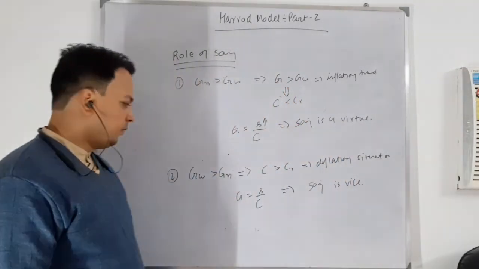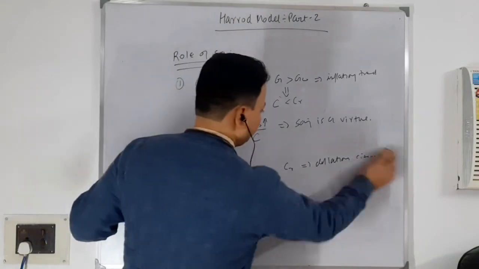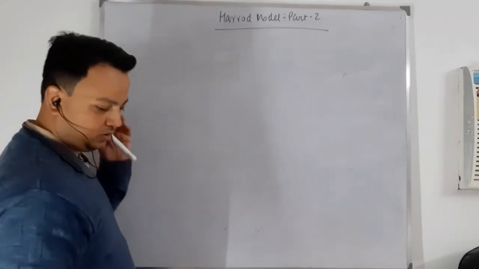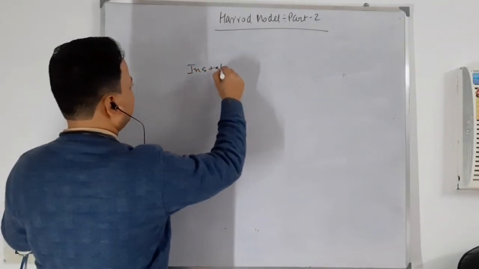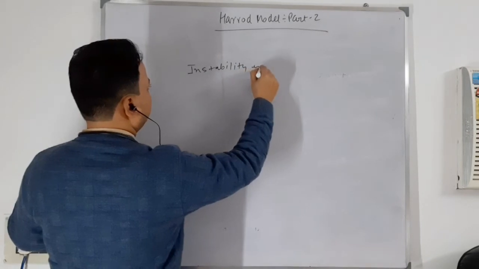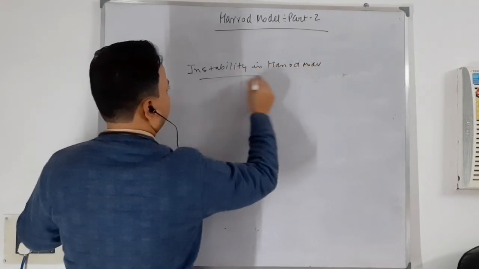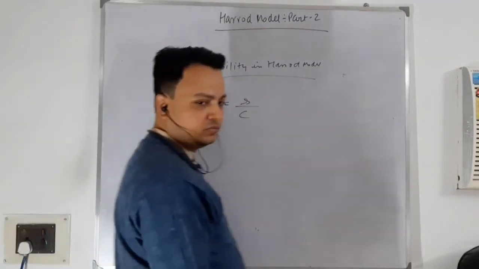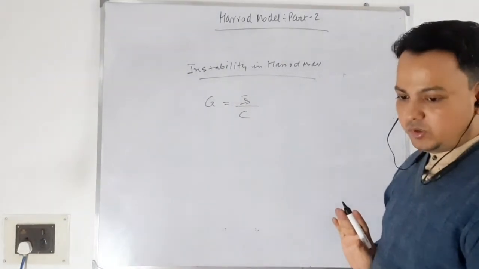Now after this, there is the concluding part. Why are we getting instability in the Harrod model? Look at this growth. Growth is S over C, right? Saving is given; we cannot do anything about this.